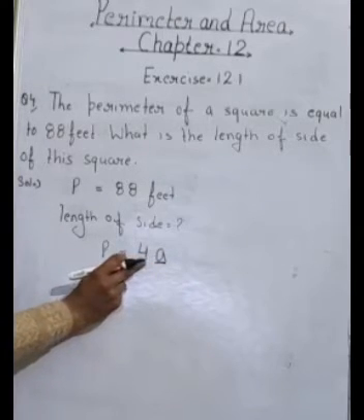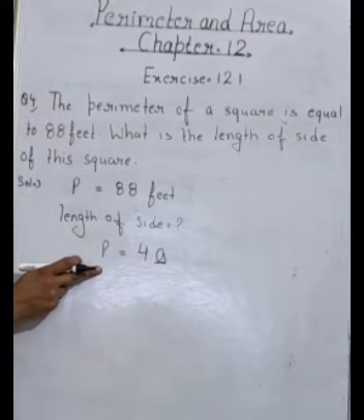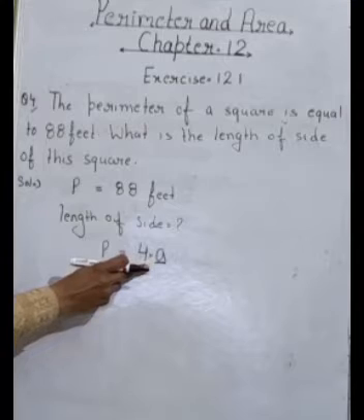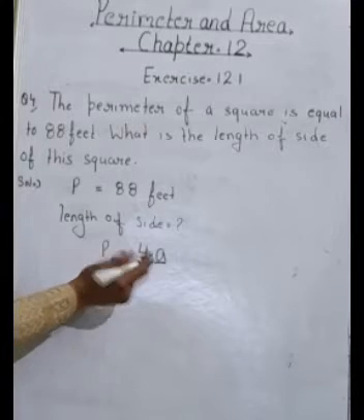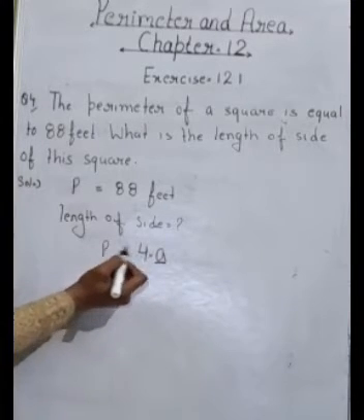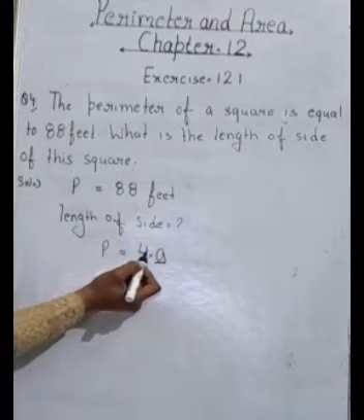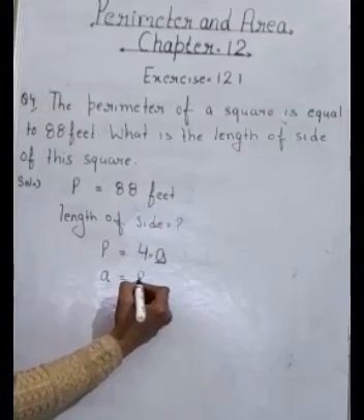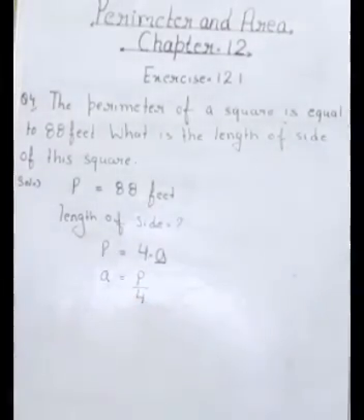So take this 4 from this side of the equals to the other side of the equals. Now here it is in multiplication. I told you there is no sign, it is multiplication. So when it changes side from one side of the equals to the other side, it becomes a divisor. So I am writing A is equal to P upon 4. Clear?